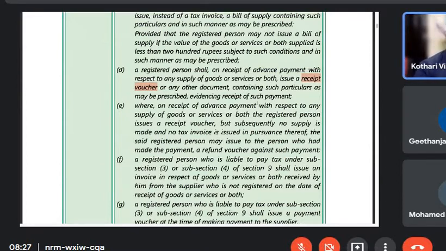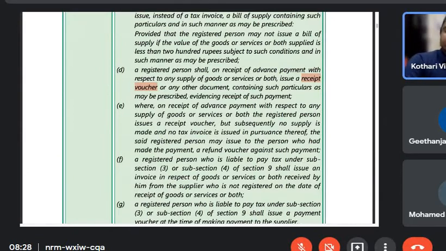Whenever a taxable advance is received, what you have to do? You have to issue a receipt voucher. Not for all receipts; this receipt voucher is specifically for taxable advances. Only for services, if advance is received, then a receipt voucher has to be issued.